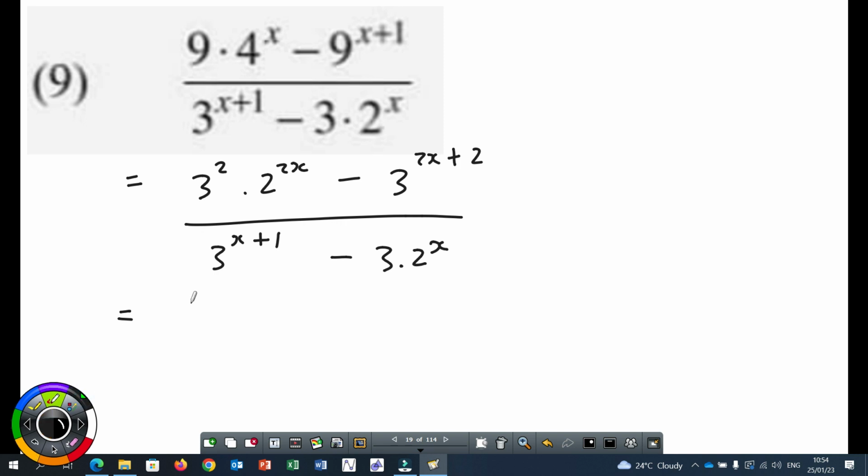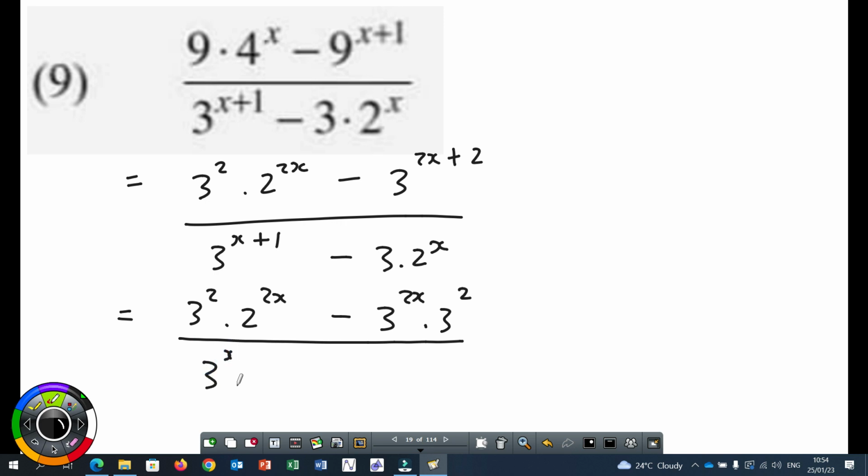So we have 3 to the power of 2 times 2 to the power of 2x minus 3 to the power of 2x times 3 squared. This is all over 3 to the power of x and 3 to the power of 1 minus 3 times 2 to the power of x.